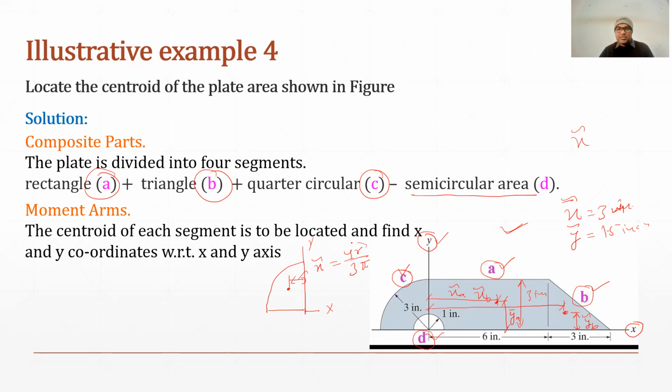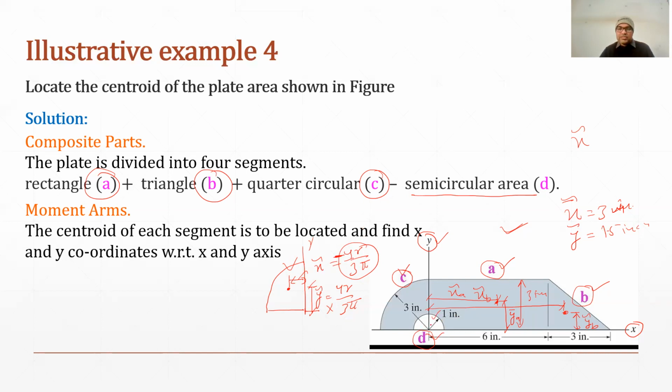I think this is the value of x approx, and the same value will be for y approx also, which will be 4r by 3 pi. So y approx will be positive, but as you can see, the quadrant is located on the left of the y-axis, so therefore x approx will be taken as negative in our case.